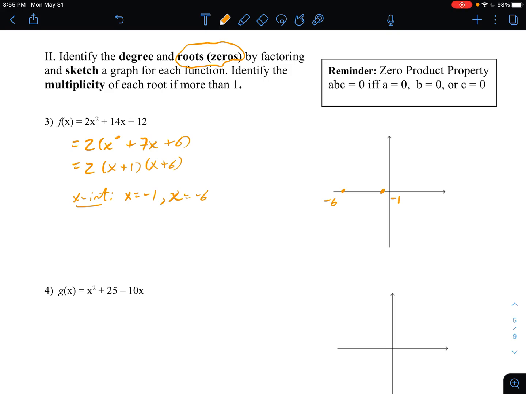My end behavior is like 2x squared, so positive here, and the graph looks something like so. You can check that using a computer, and we did a decent job. For some of these, you really have to play around with the window. So it wouldn't look exactly like this shape if you just put it into Desmos, but if you played around with the window, you could make it look like that.